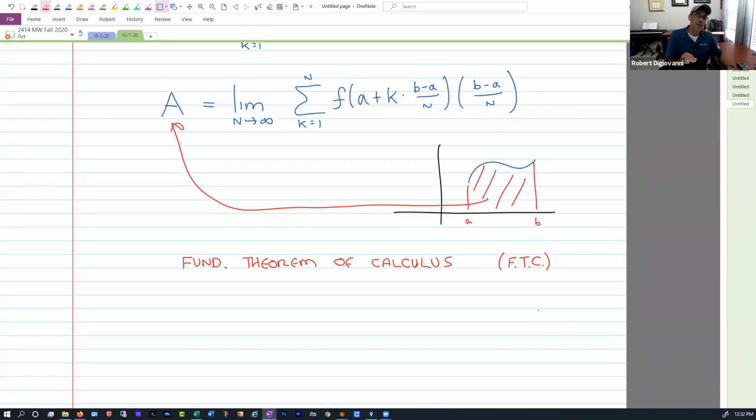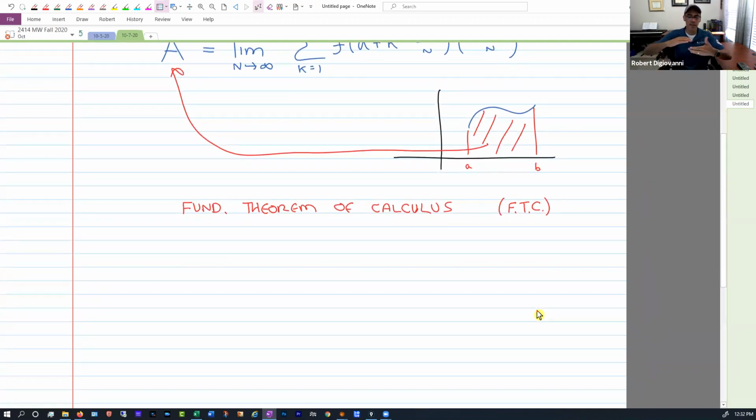You could argue that limits are the foundation of calculus, but this right here is the fundamental theorem, which is going to create the link, the bridge between a derivative and antiderivative. It's going to connect the two together. And it's got different versions. The version I'm going to show you is the one that's going to be most useful to us.